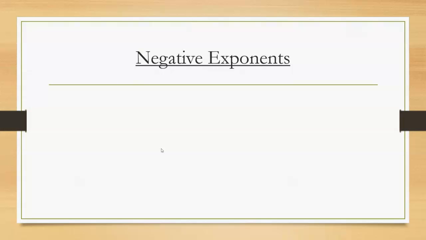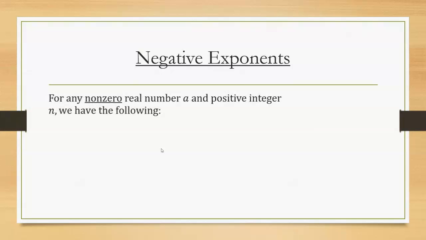Okay. Now we're going to get to negative exponents. And here you'll see that the base, the a, has to be non-zero. Suppose we have a non-zero number and a positive integer n. What does it mean to take that number and raise it to a negative power? It means you do 1 over a to the n.